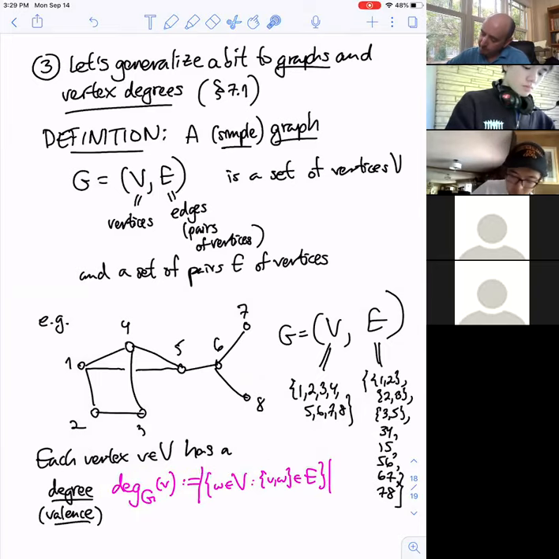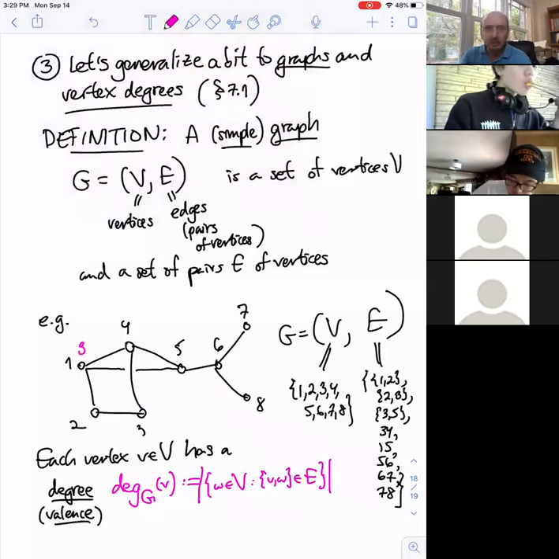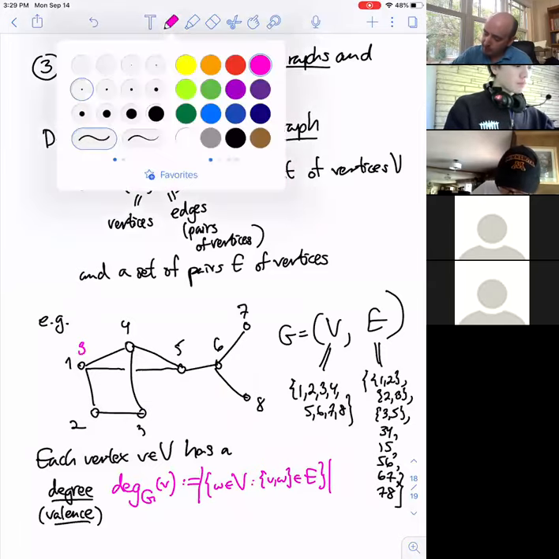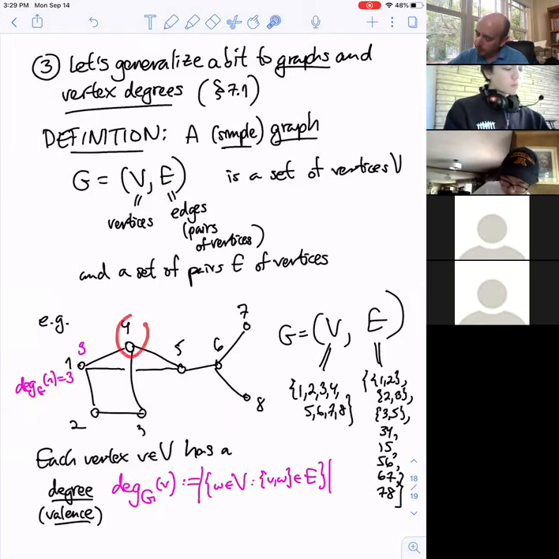So I look at vertex number 1, and I just check how many edges are coming out of it, and I see 3 edges coming out of it. So that vertex gets a pink 3 for its vertex degree. Degree within G of vertex 1 is the number 3. Okay, and 4 has 3 edges coming out of it, so 4 also has degree 3. 5 has degree 3.